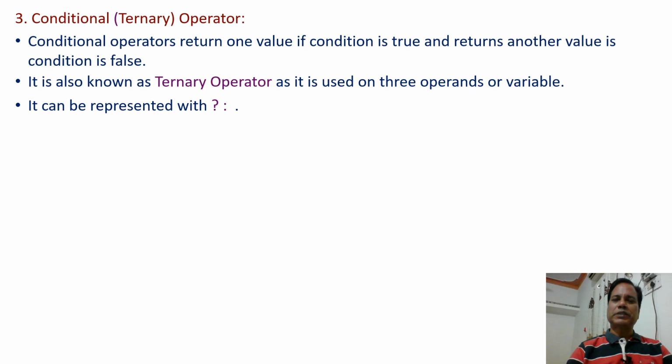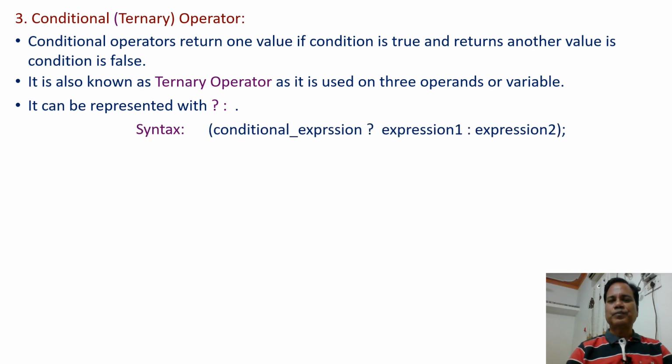Both together are used for the ternary operator. Now the syntax for this is: conditional expression. We check this condition, and if this condition is true, the first expression after the question mark is taken. If the condition is false, then we execute the second expression.